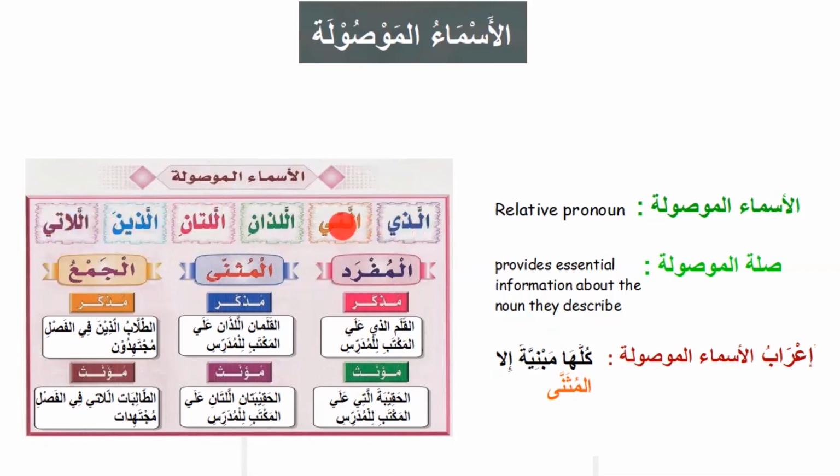Allazi and Allati are mufrad. What do we mean by mufrad? Singular, right? We have been seeing mufrad a lot. Then Allazani and Allatani are musanna, meaning dual.